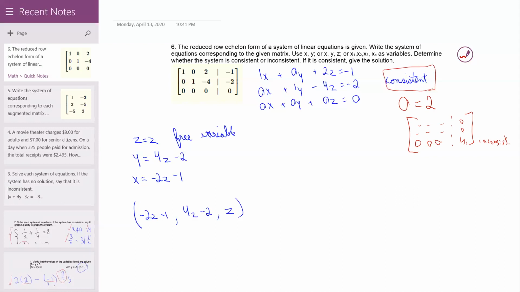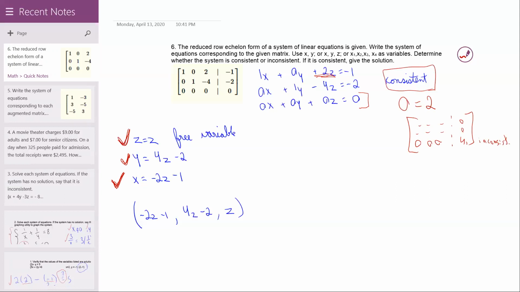So when there's a row of zeros like this, that tells you there's a free variable. But what that really means is, z can be anything. So if we solve for x here, then x, by pulling this 2z over, equals -2z minus 1, and y equals 4z minus 2, and z is just whatever.